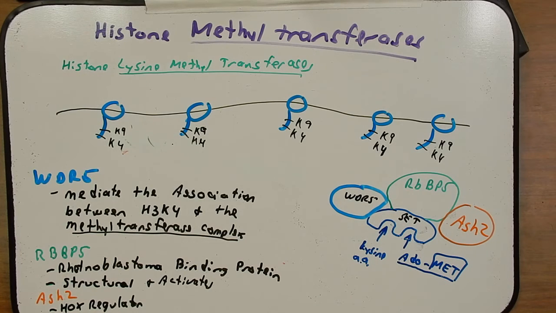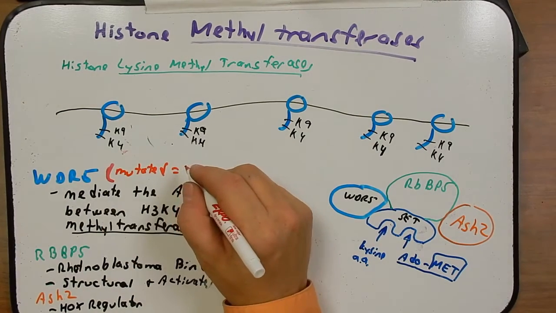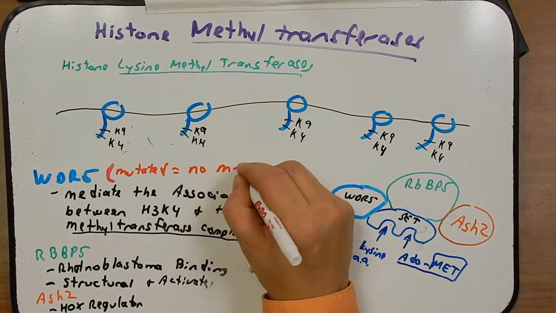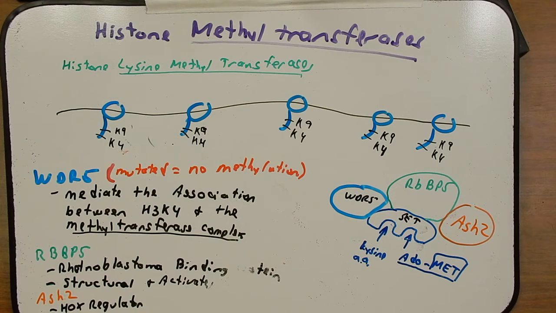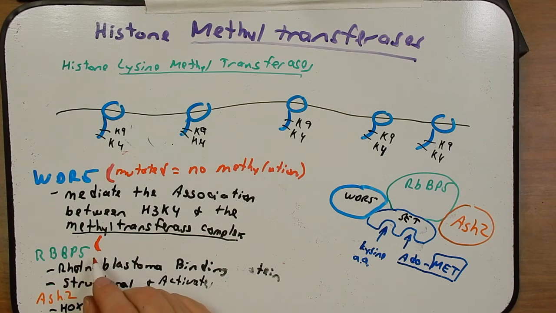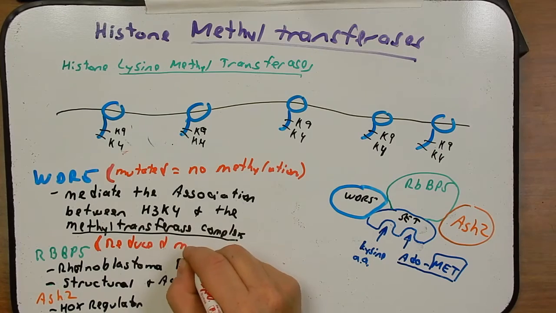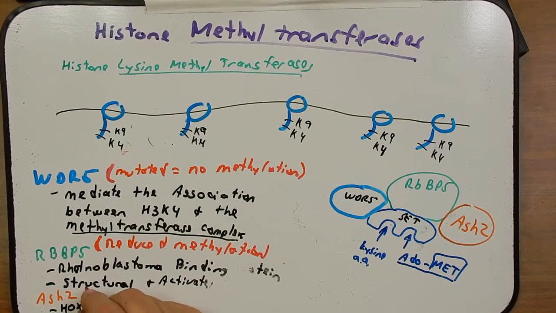Because we know that if WDR5 is mutated, this results in no methylation. And we know if RBBP5 is mutated, that we get reduced methylation. And same thing with ASH2. It results in a reduced methylation.